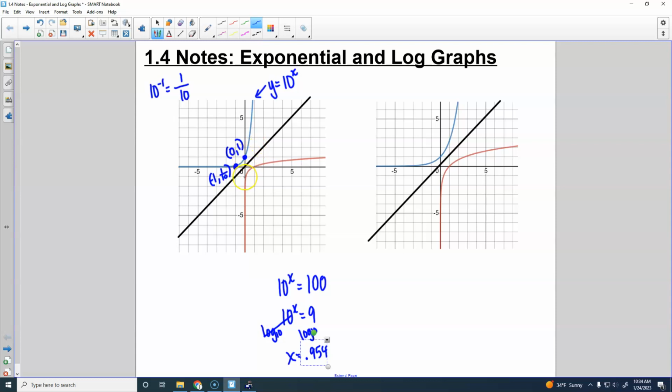So the point 0, 1 becomes 1, 0. That's this point here. It's just like your whole x and y list switch. For this point, 1/10, negative 1 would be the coordinates of this point right here.